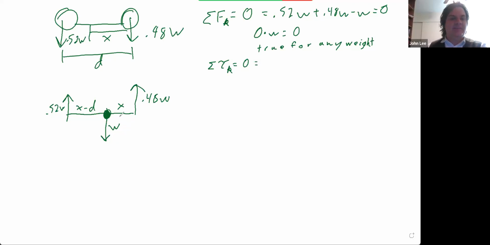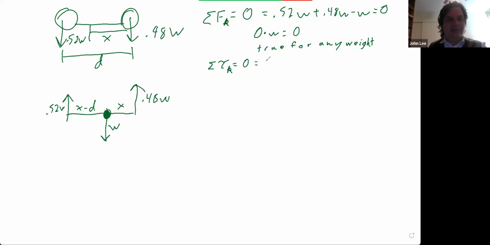It always helps to have your origin at one of the forces, so you don't have to calculate that force when you're doing the torque. So in this case, I'm going to place the origin at the center of mass.